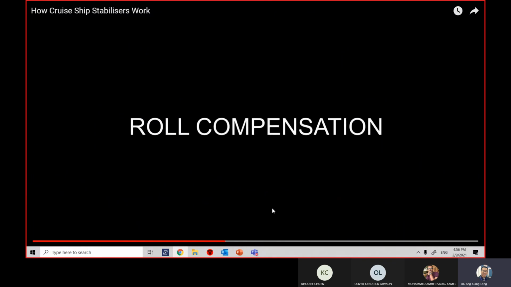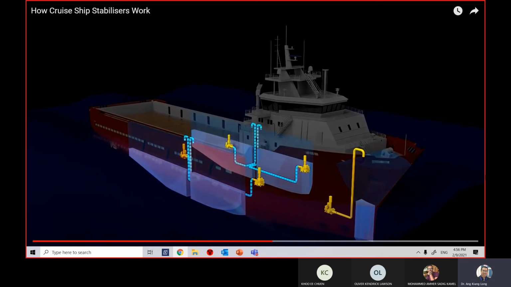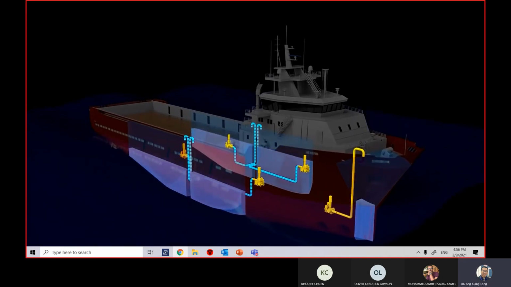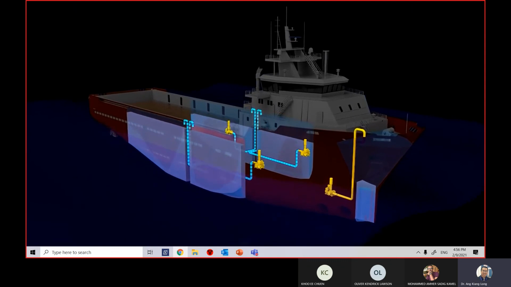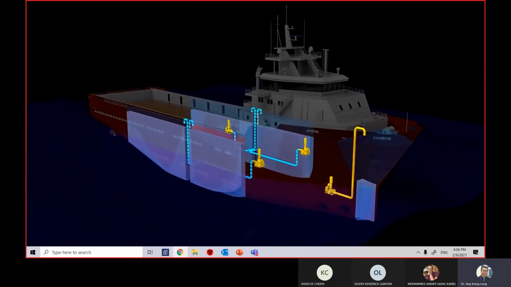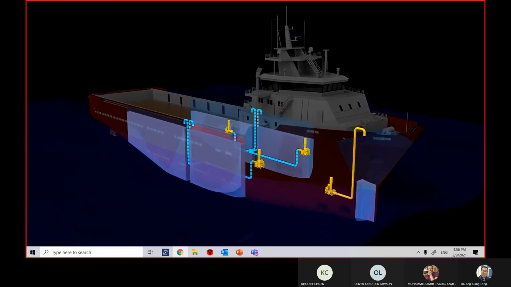This one is the roll compensation. Roll compensation means this one is in another dimension. Just now you saw it in 2D, now you see a little bit of isometric view.